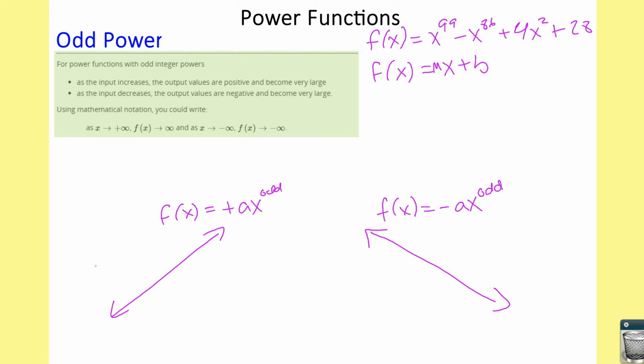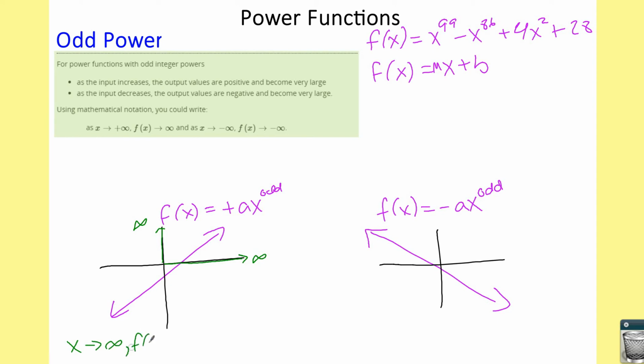So again, I would visualize your x and y axis. Now on this side over here, as x is going towards infinity, the arrow is going up towards infinity. So as x is going towards infinity, then f of x, the y, is going towards infinity.